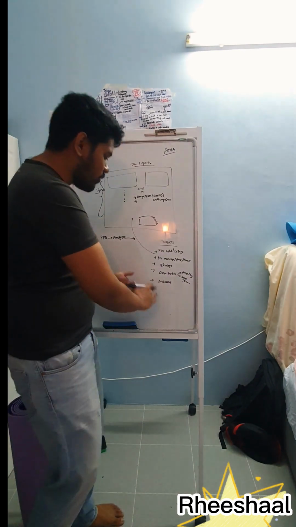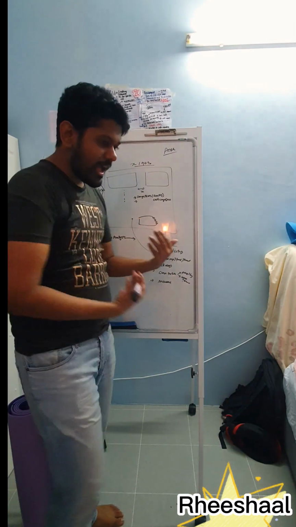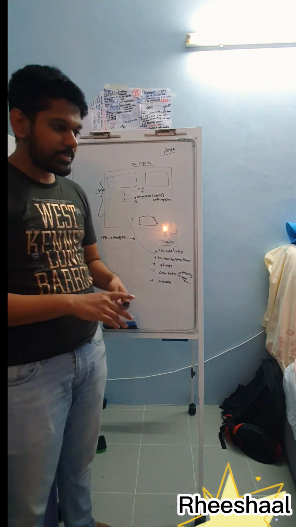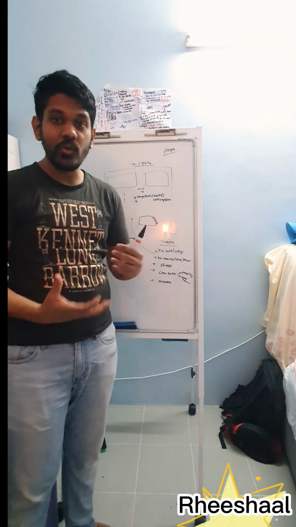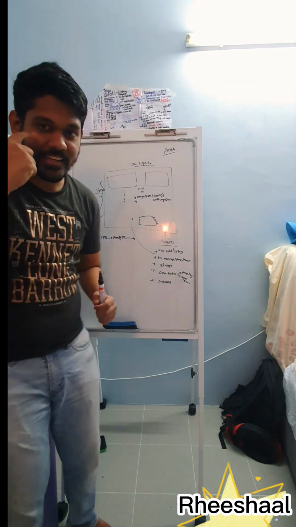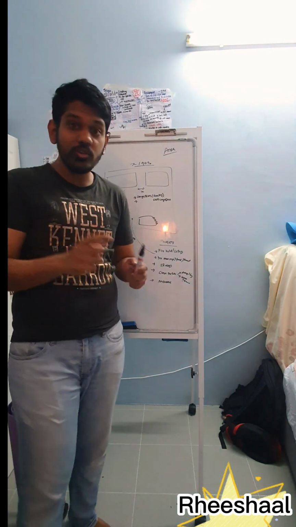Immediately they know, oh okay, that's good. Whenever you have an open-ended question, try to build a situation. You have to build a situation in order to think, how are you going to solve it? How are you going to do it?